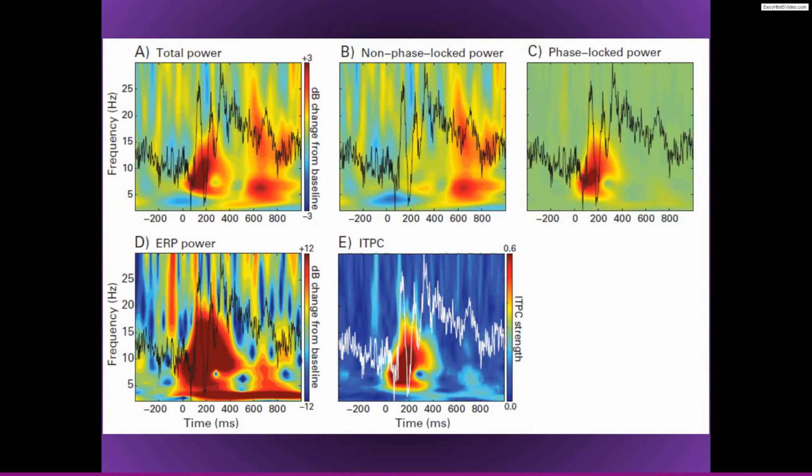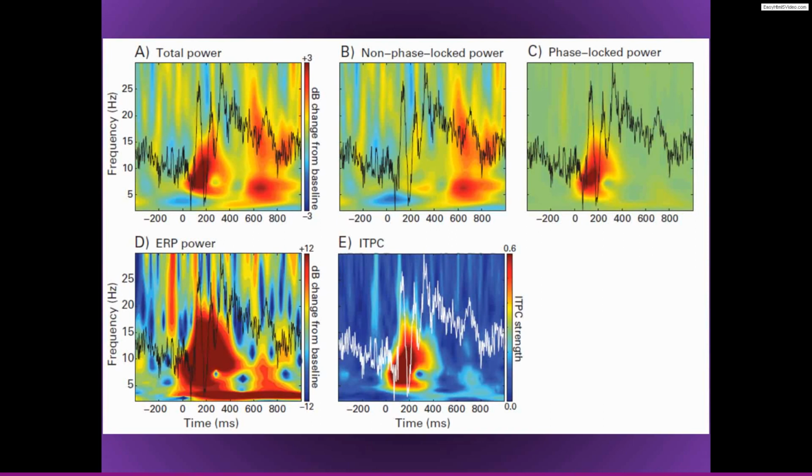I don't think we really have a clear enough understanding of what happens in the brain that causes the difference between what we measure as non-phase locked versus phase locked. Both of these components are perfectly valid measurements of what's happening in the brain. So I don't think it makes a whole lot of sense neurobiologically to disentangle these two plots.